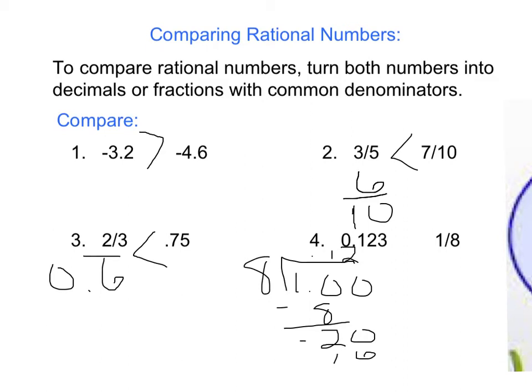We subtract it and we get 4. Add another 0 and bring it down. 8 goes into 40 5 times. Therefore, 1/8 as a decimal is 0.125, or 125 thousandths. From this point, it is easy to see that 1/8 is larger than 123 thousandths.